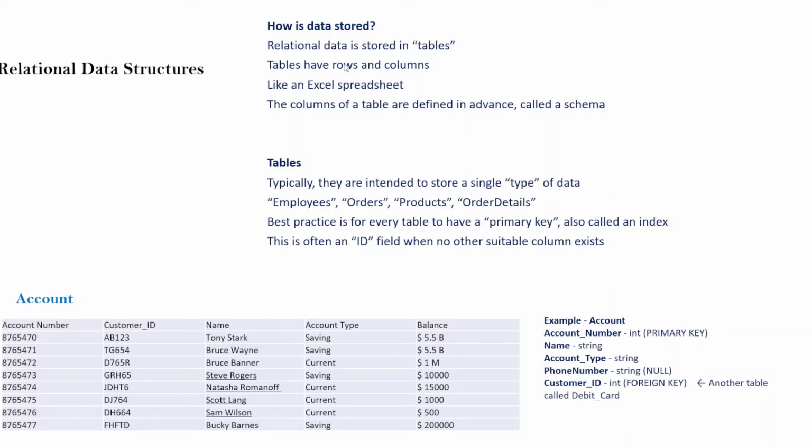Relational data is stored in tables. Tables have rows and columns, just like an Excel spreadsheet. The columns of tables are defined in advance, and the overall representation is called a schema. We have gone through star schema and snowflake schema in great detail.